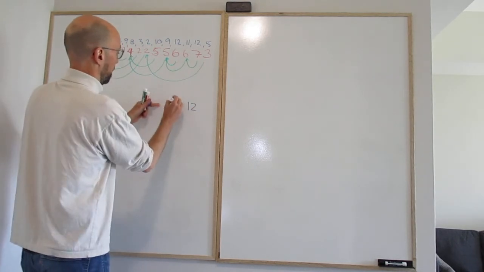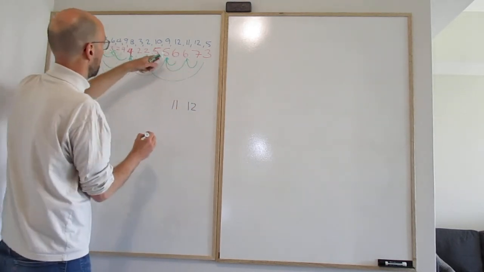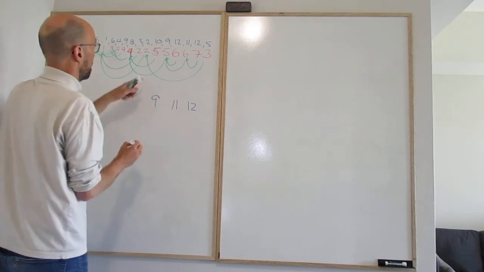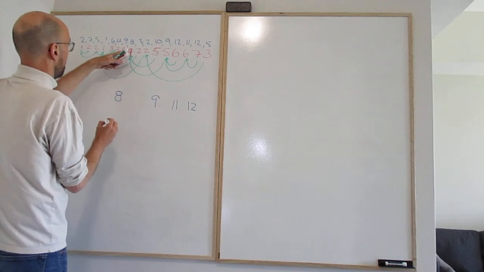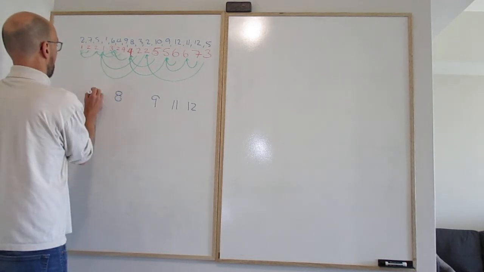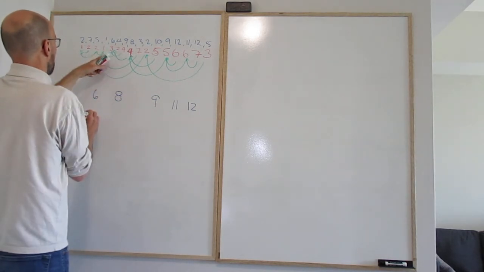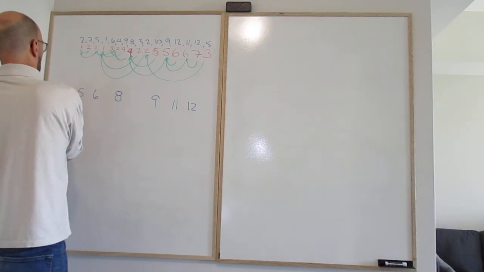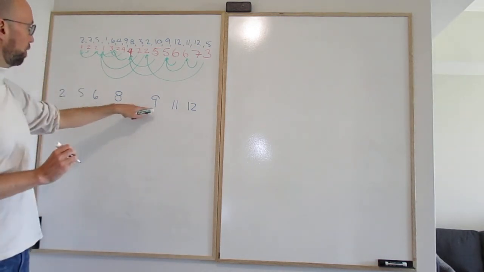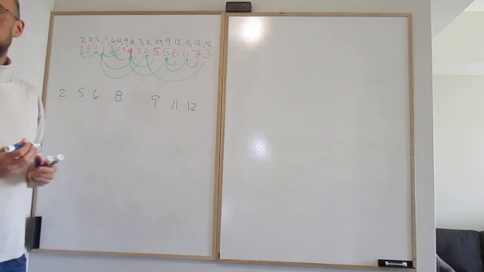It points to the 11. The 11 points to the 9. The 9 points to the 8. The 8 points to the 6. The 6 points to the 5. And the 5 points to the 2. 1, 2, 3, 4, 5, 6, 7. Oh, magic.